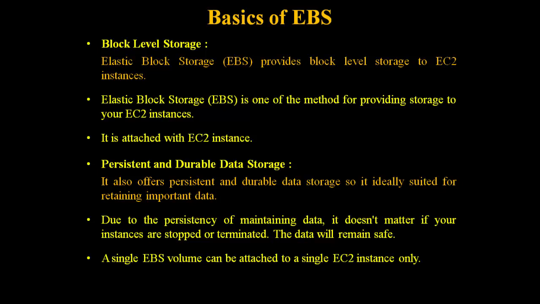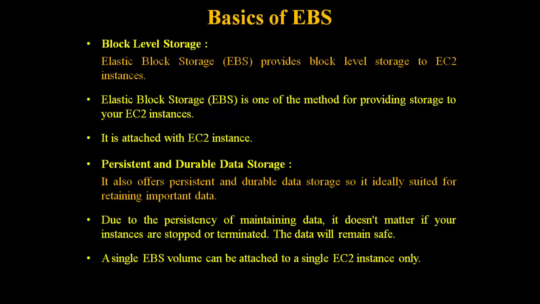Next, a single EBS volume can be attached to a single EC2 instance only. This is also a very important point that you need to retain. Once we create a single EBS volume, it can be attached to a single EC2 instance only. It means that multiple EC2 instances cannot share a single EBS volume. For example, this is our elastic block storage volume.